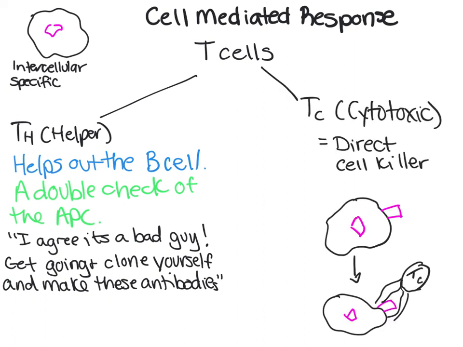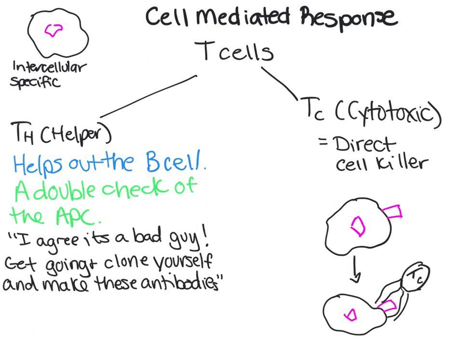So then the next type of T cell is the cytotoxic T cell. And this is really a direct cell killer. So what we have happening, you can see I've drawn out that body cell, right? And it's infected. It's got a pathogen inside of it. So this body cell is going to present that antigen outside of it and say, hey, I'm infected by this pathogen. It's not good. And it's trying to take over.